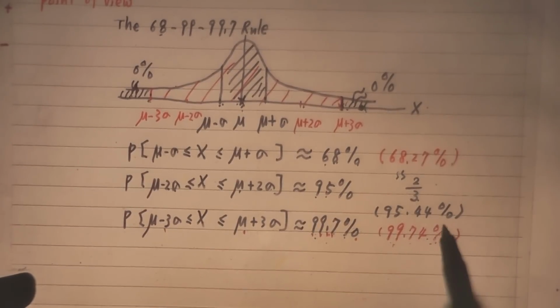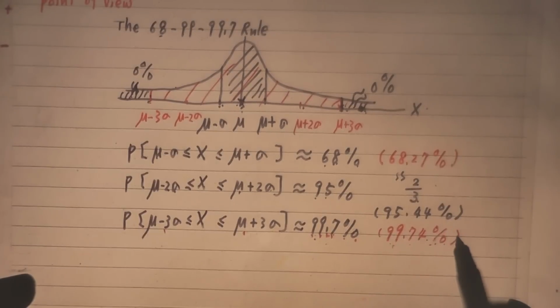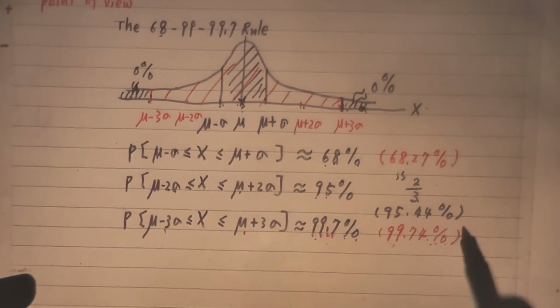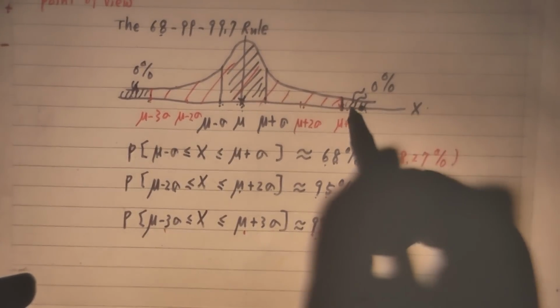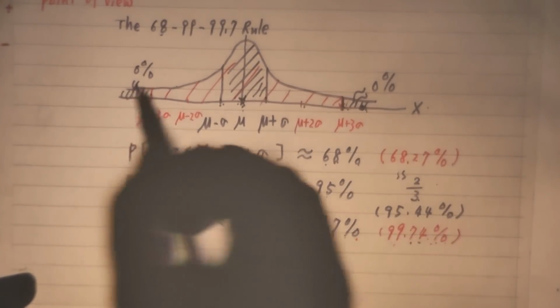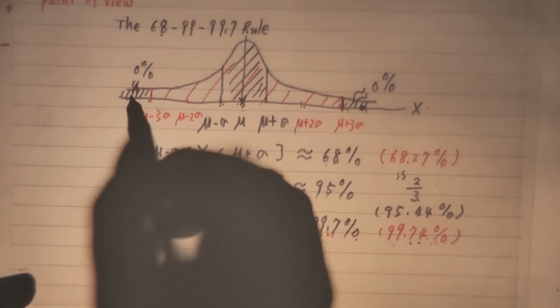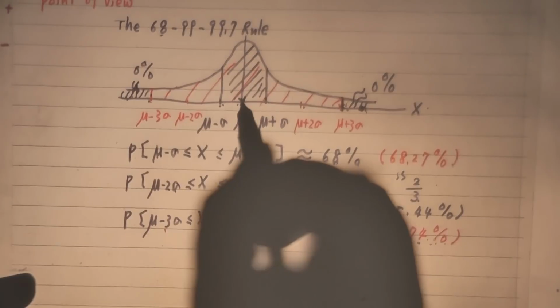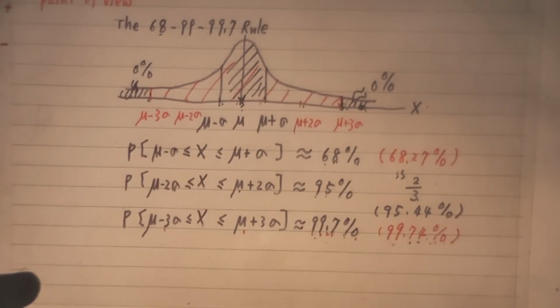Okay? Now, last one. If I have a data size of 10,000, I only expect about 26 of them to fall in the area like here, that deviate from the center by more than 3 sigma.